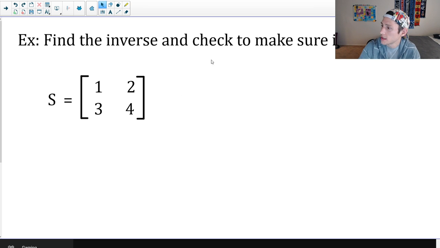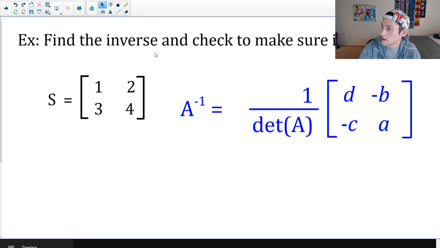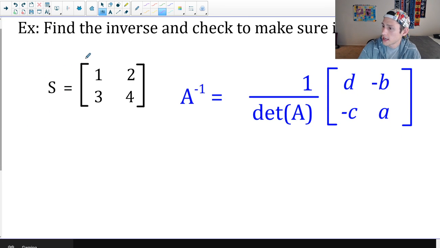Okay, so find the inverse and check to make sure it's correct. So how do we do that? Well, I'll show you, but let me paste this over so we can look at it. All right, so we have a matrix S, 1, 2, 3, 4. And I want to know what is S inverse.